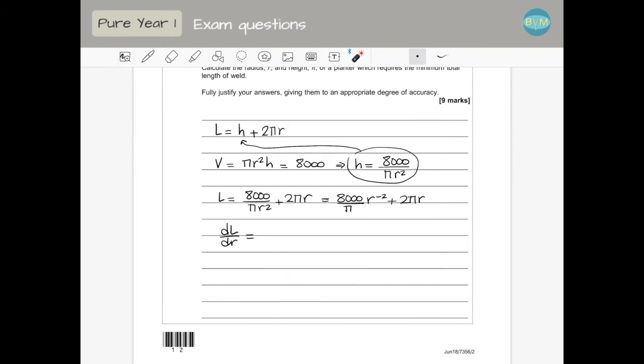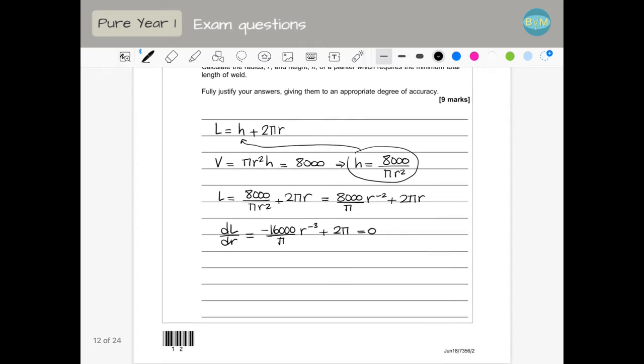So it's minus 2 times 8,000, which is minus 16,000, divided by pi, and then r to the power one less, so minus 3. And the second part is just 2 pi. The derivative must be equal to 0 to have a stationary point.